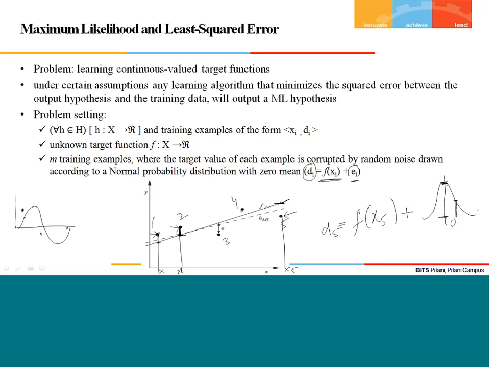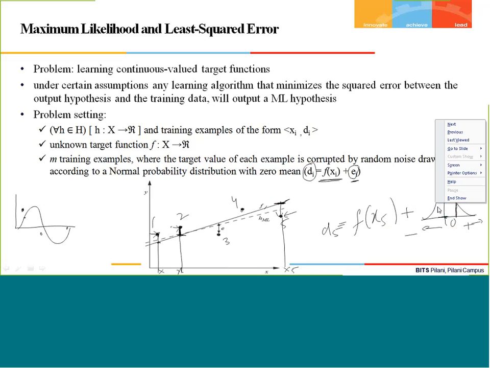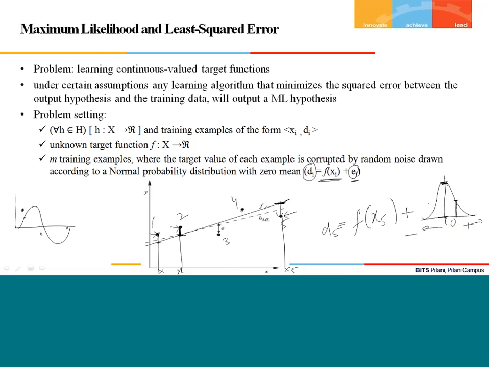So I am picking some number from the normal distribution, and let's say this number is on the negative side, because the true value is this and it is decreasing this value. So this is zero, this is the positive side, this is the negative side. I must have picked the number from the negative side, and let's say this is that number, with this probability.